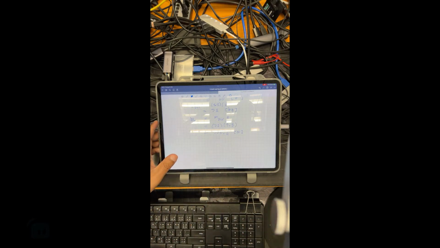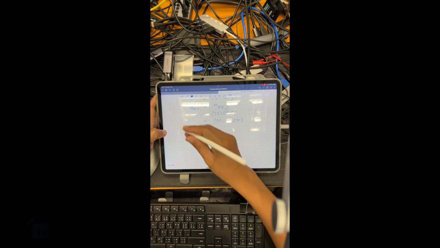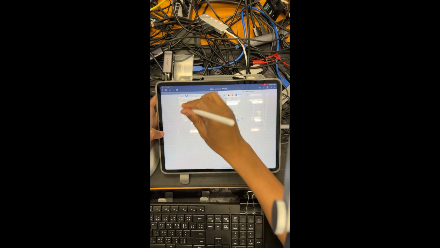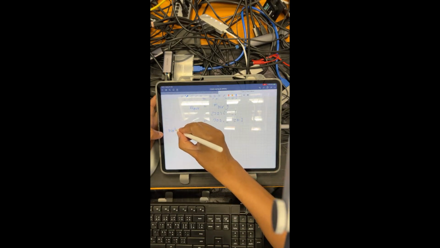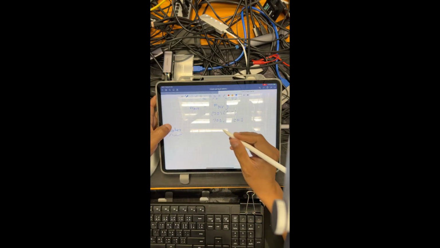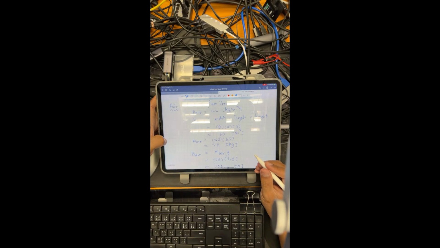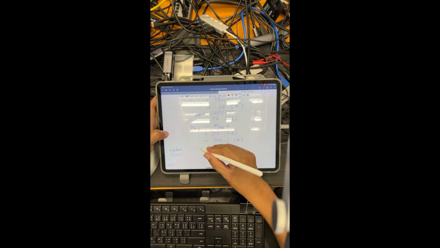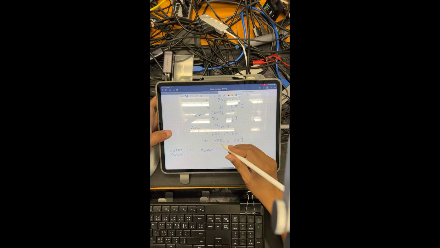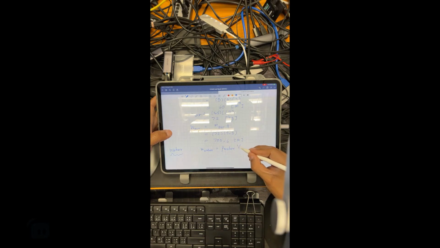Let's get into the detail for the case of the water. We use the same thing: mass of water will be rho of water times the volume of the room.